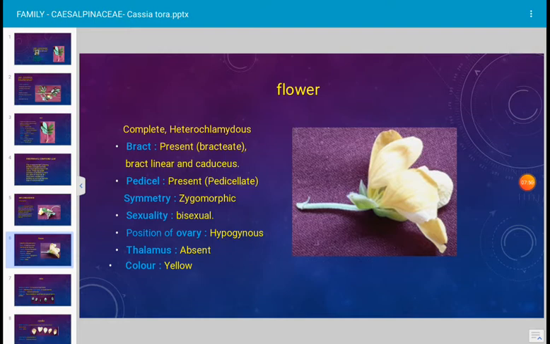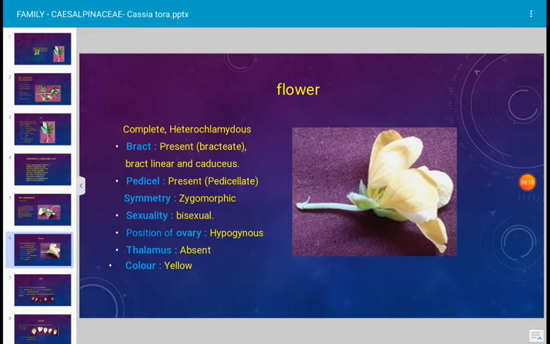Very beautiful. See in the photograph, it is a complete flower because calyx, corolla, androecium, gynoecium all are present in this flower. So it is a complete flower, and it is having a bract at the basal region of the flower. See in the flower, the bract is there.